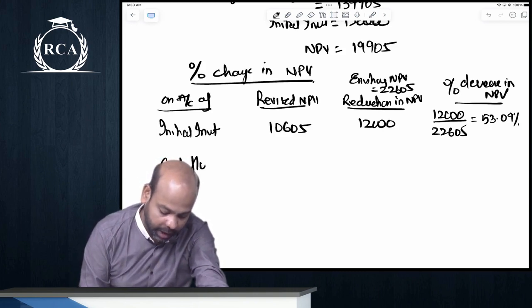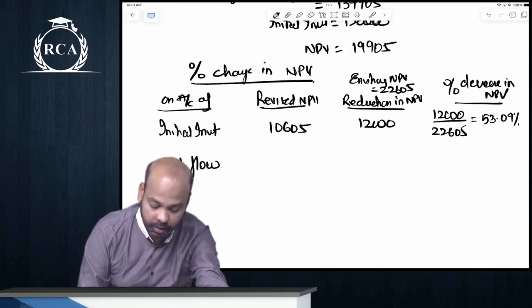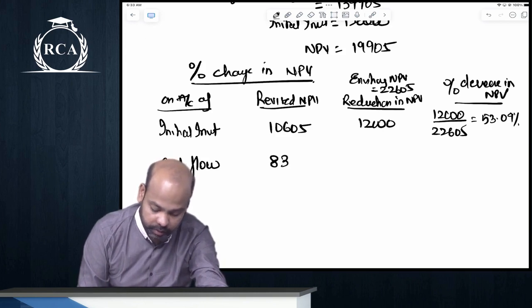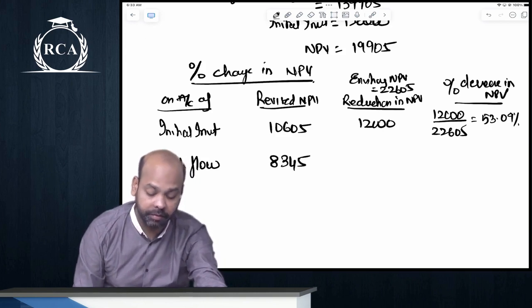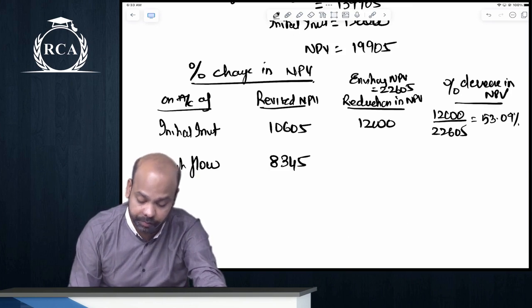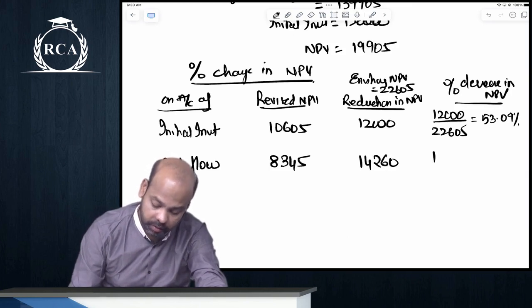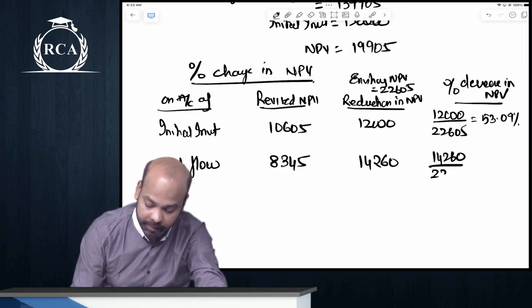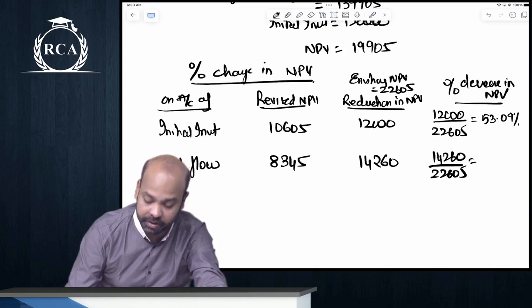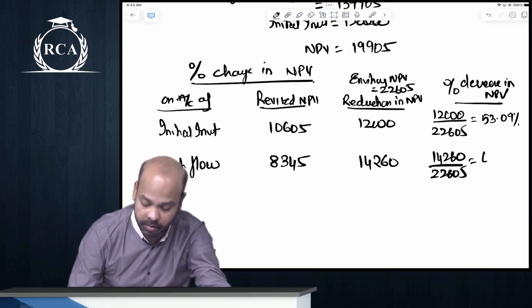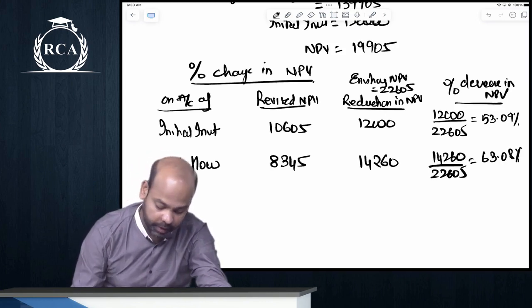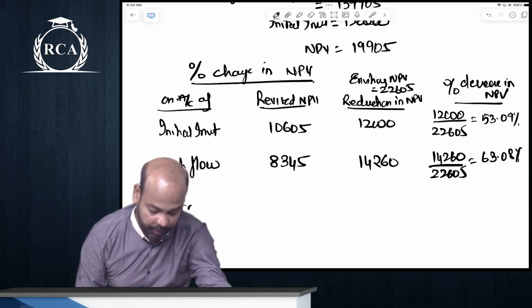Next one, what was it, beta? Cash flow. Based on cash flow, what's the revised NPV that you got? 8,345. Reduction in NPV, guys, 14,260. So write 14,260 divided by 22,605. What's the percentage decrease in NPV? 63.08. And finally, beta, our cost of capital.